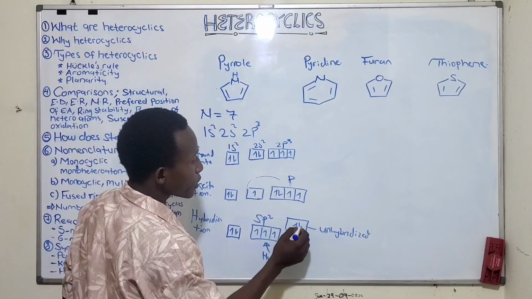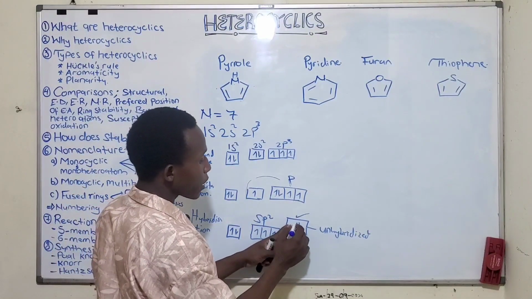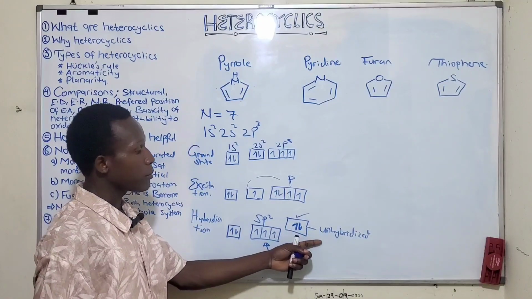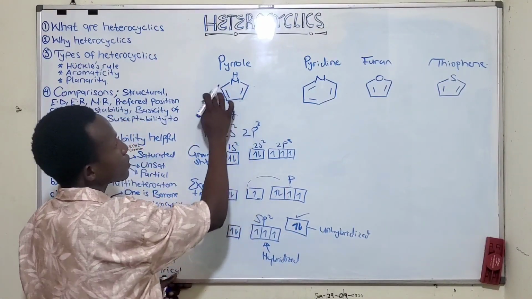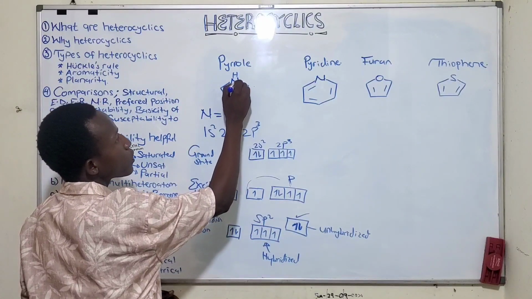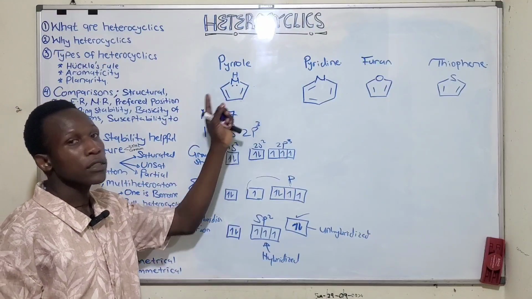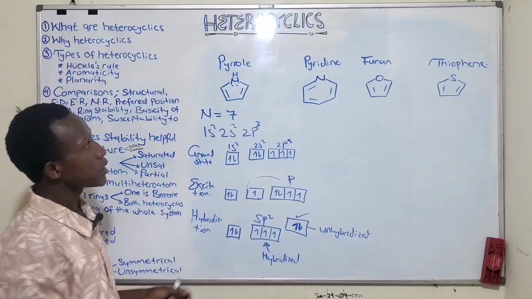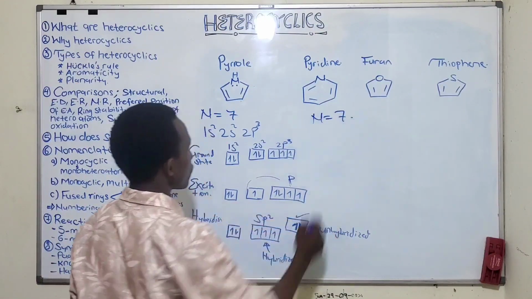So it is the lone pair of electrons that remains unhybridized. That's why for Pyrrole it's done like this. Then we put 2 electrons inside, showing that they participate in resonance. So this is Pyrrole.